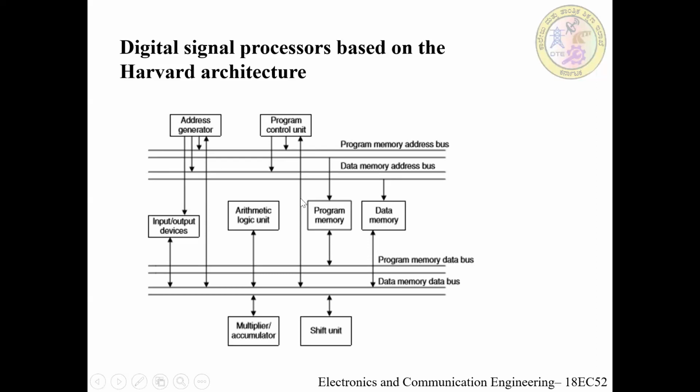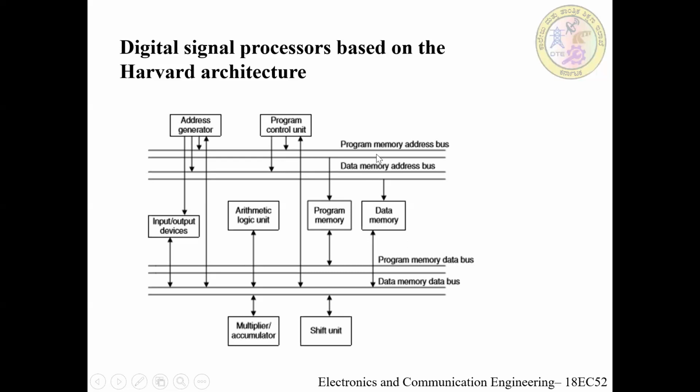As you can see here in this architecture, this is Harvard architecture, which has two separate memories. One is dedicated for program and this is dedicated for data. So to accommodate two memory spaces, there are two corresponding address buses, you can see here, and two data buses.